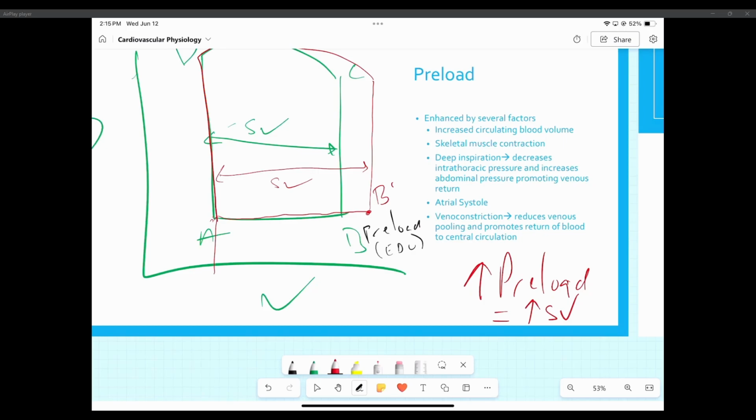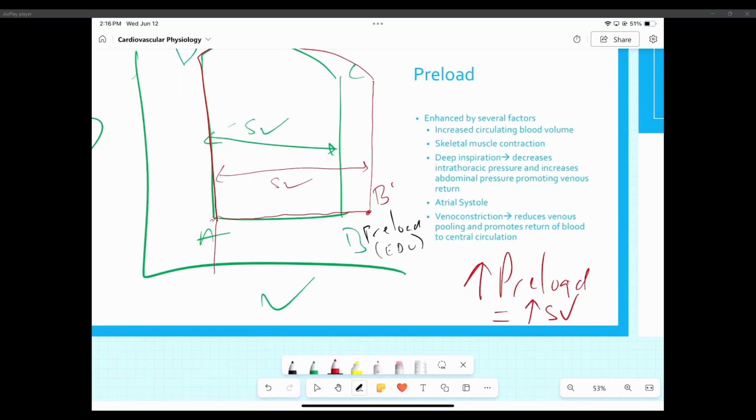If you increase the preload, you're going to increase your stroke volume. What's the chemical reasoning of why an increased end diastolic volume, an increased preload, increases your stroke volume? What happens when that heart gets stretched? More sensitive to calcium, a stronger contraction. So we can get more blood out.